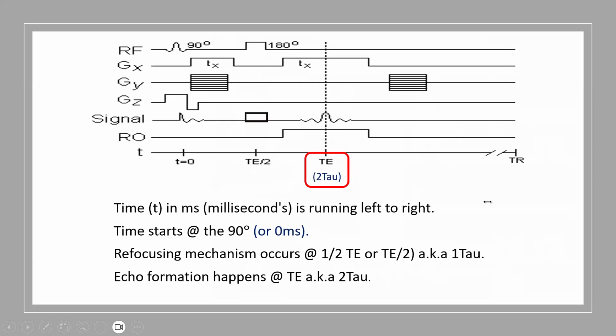Another thing I've heard is that the refocusing mechanism is applied symmetrically within the sequence, which means it's applied at half the TE. So if your TE is 20 milliseconds, in spin echo land, the 180 is turned on at 10 milliseconds. So it's applied at half the TE, or symmetrically between the 90 and the echo. So 2 tau.